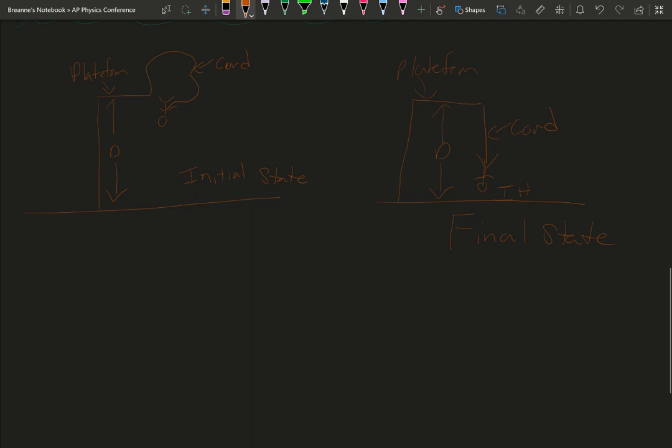Then it says, an amusement park ride is designed such that one end of an elastic cord is fixed to the platform that is a distance d above the ground. The other end of the cord is attached to a person of mass m. The cord has an unstretched length of L. To begin this ride, the person jumps up from the platform with initial speed v, as shown in figure 1.